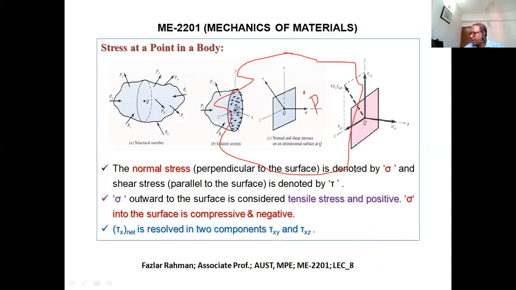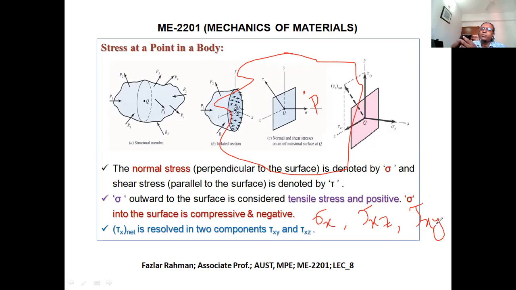If you cut this way from the vertical side, you put a knife, then you will get sigma x, then you will get tau xz, then you will get tau xy. This is one.